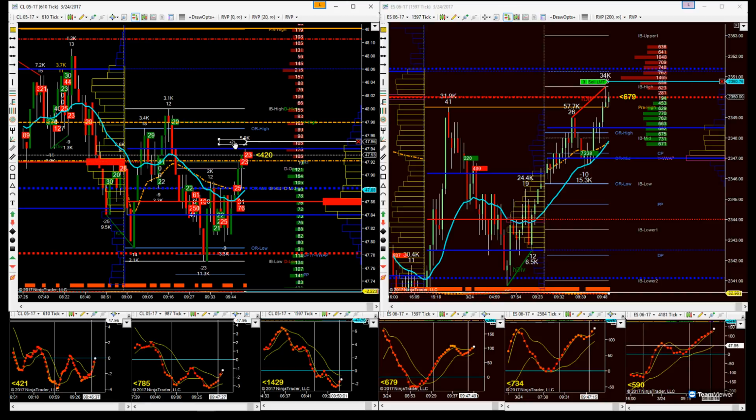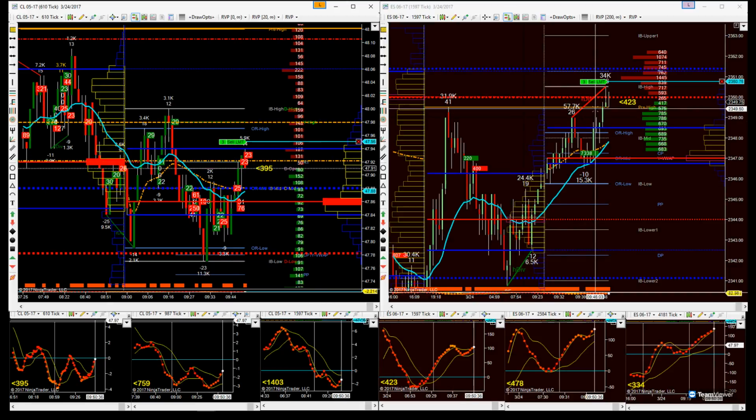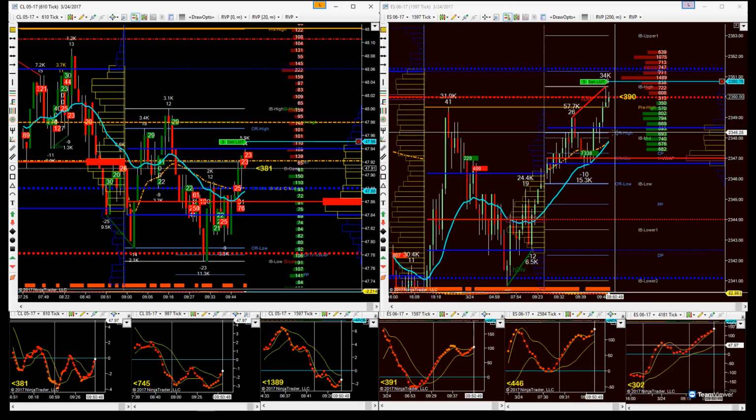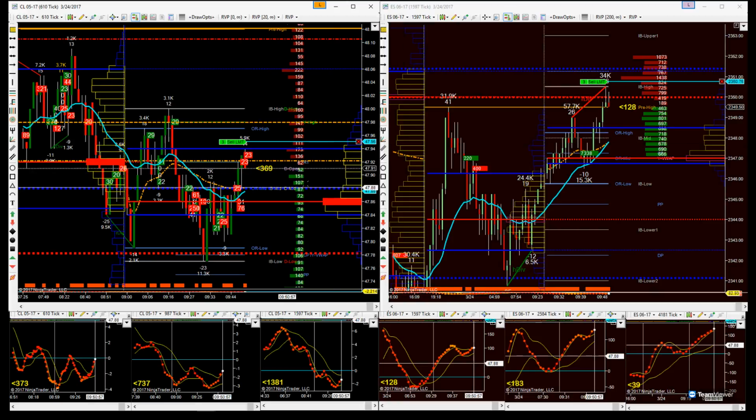So just saw a couple of big sells go off in oil. Definitely seeing some selling pressure there on oil right now. Same thing on the S&P. Looks like the offers are pushing down.